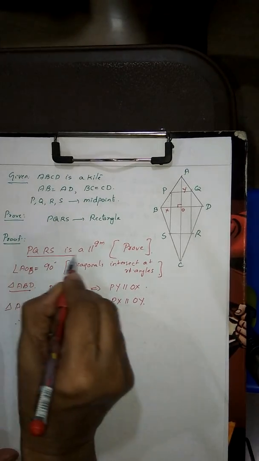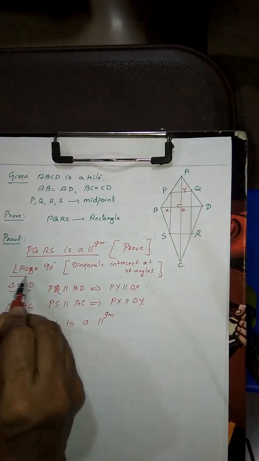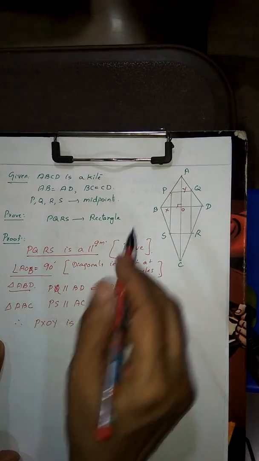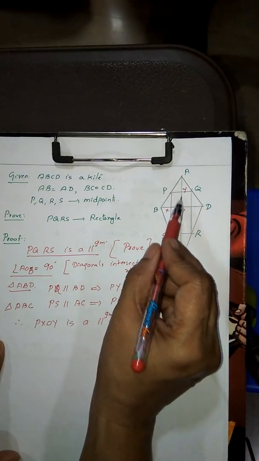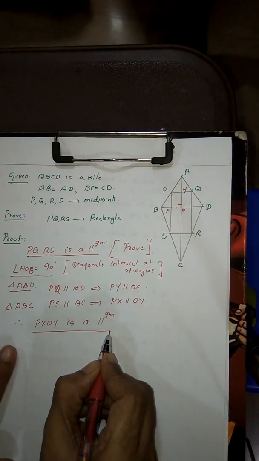So this was the first step. PQRS is a parallelogram. Then this is the second step. AOB is equal to 90 degrees. Now we are proving the small quadrilateral, this small portion, as a parallelogram. Now this is the third step.